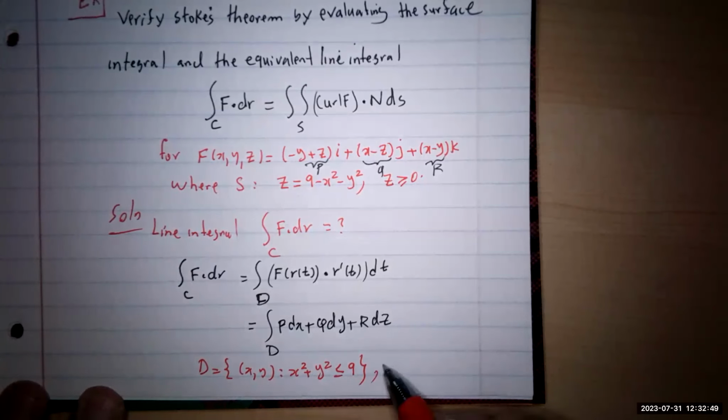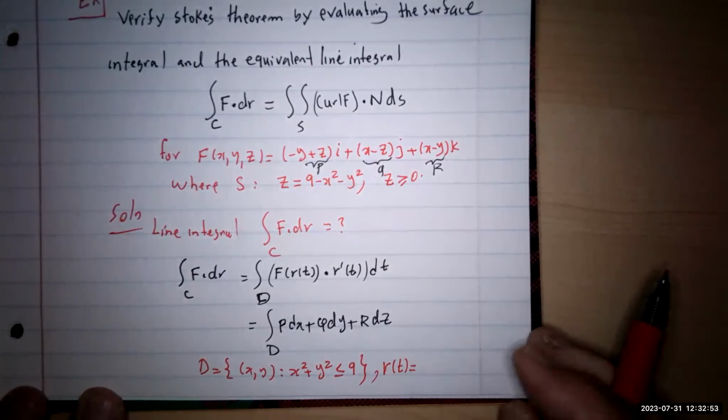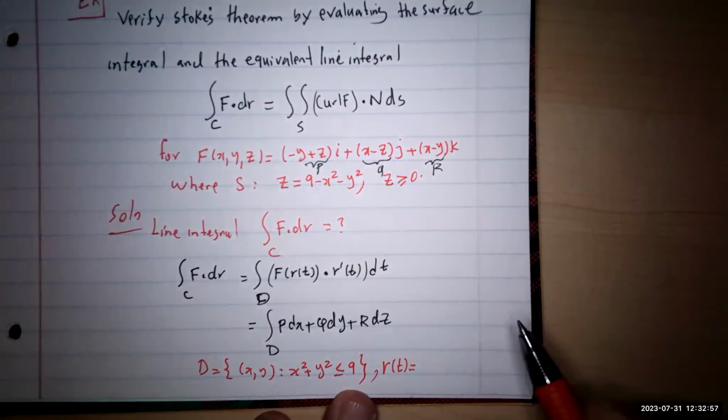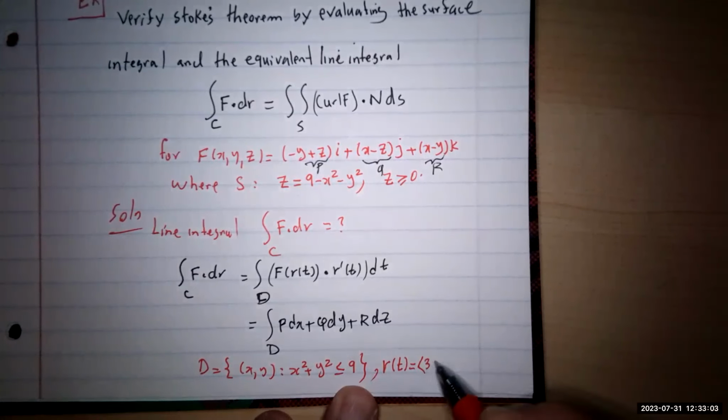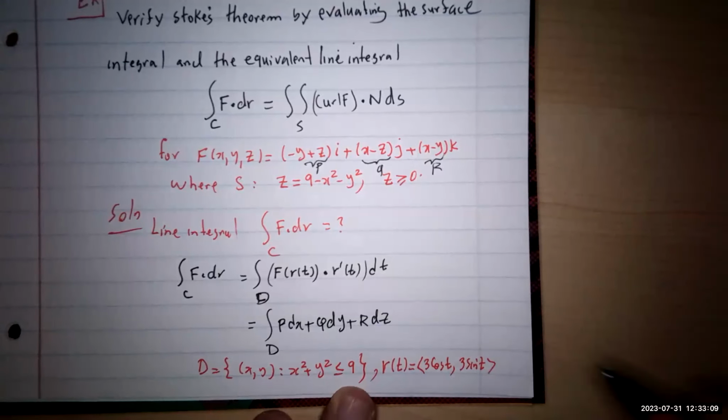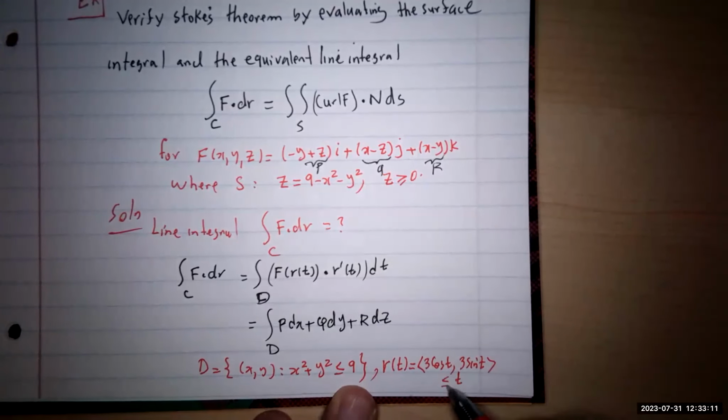The parametric equation of the domain is r of t equals, remember it's a circle, so this is kind of a polar coordinate. R is 3, so that gives you 3 cosine t and 3 sine t, where t is between 0 and 2 pi.